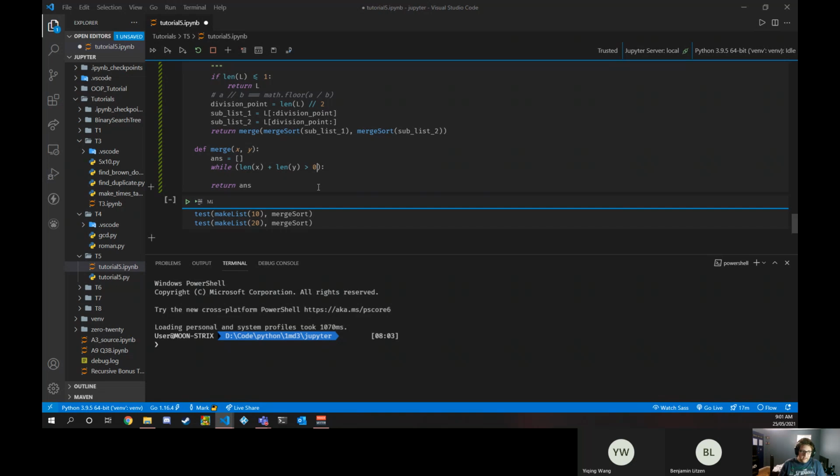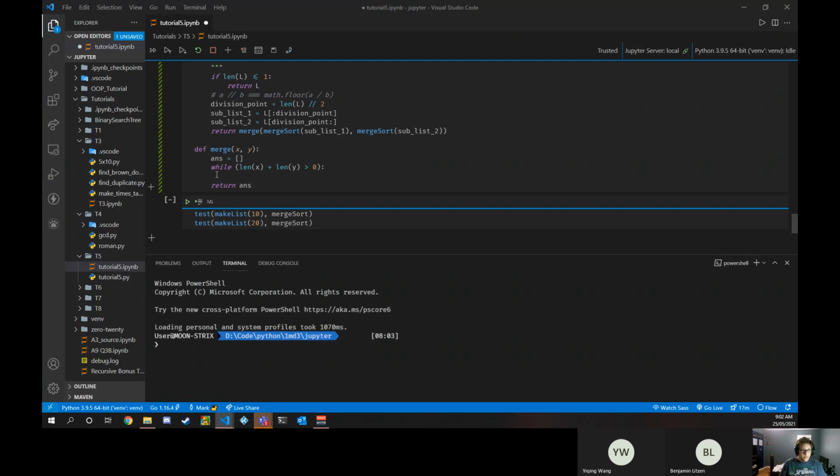Because if the two lists are empty, that should be equal to 0. There's nothing in either list, so you're done. The moment you are still dealing with X being 1 or Y being 1 or something, the moment either of them has a length to it, you can't end this loop. You still have items you need to sort.